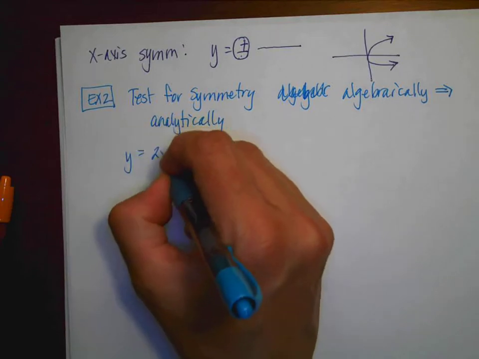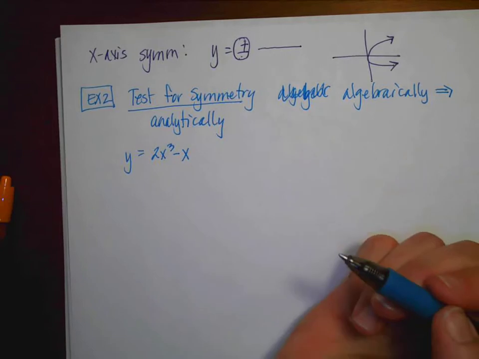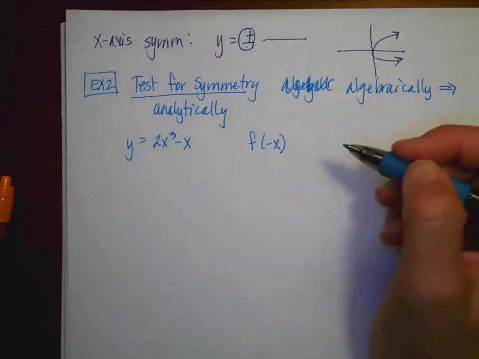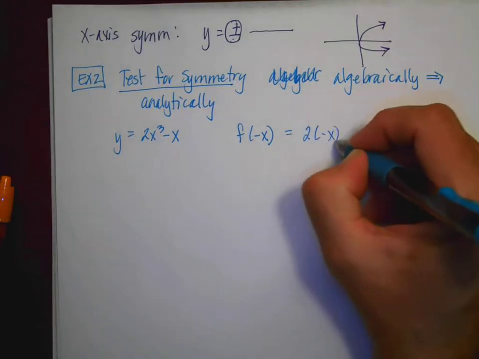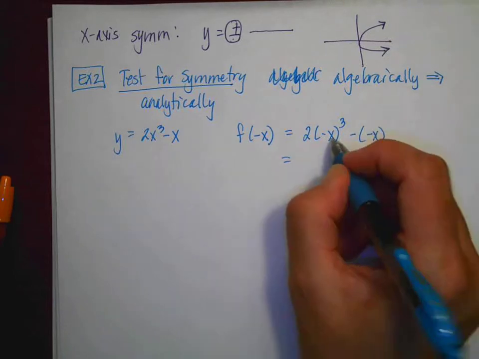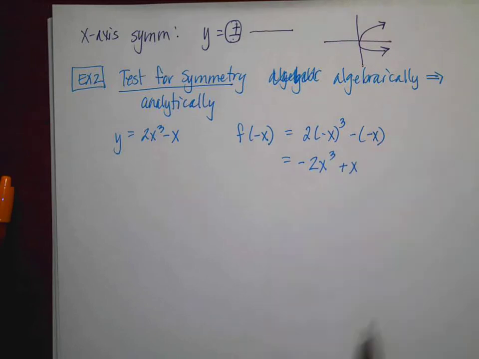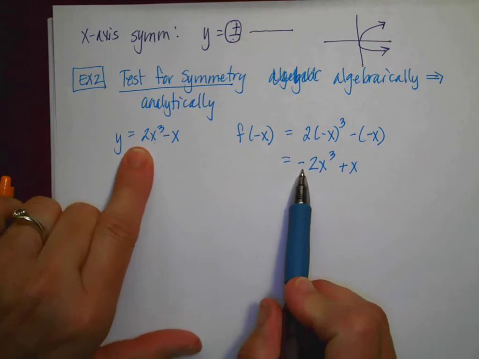So I'm going to have the function y is equal to 2x cubed minus x, and I want to test for symmetry. So I'm going to run a negative x through the function. There's really only one test, and I'm going to get 2 times a negative x to the third minus a minus x. 3 negatives is negative, so this is a negative 2x cubed plus x. We compare it with the original function.